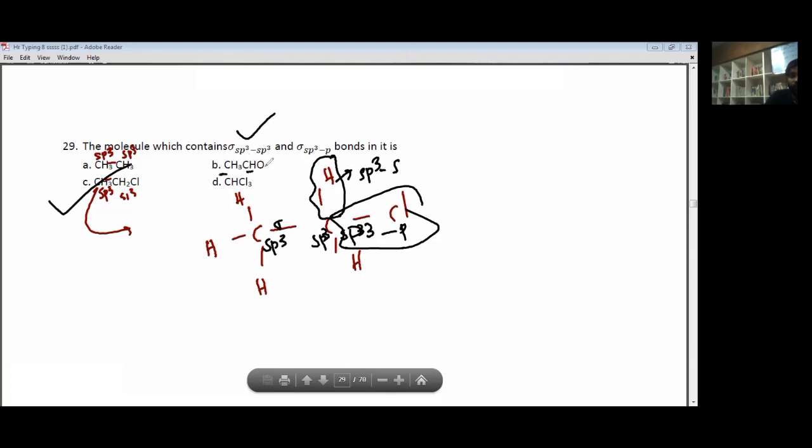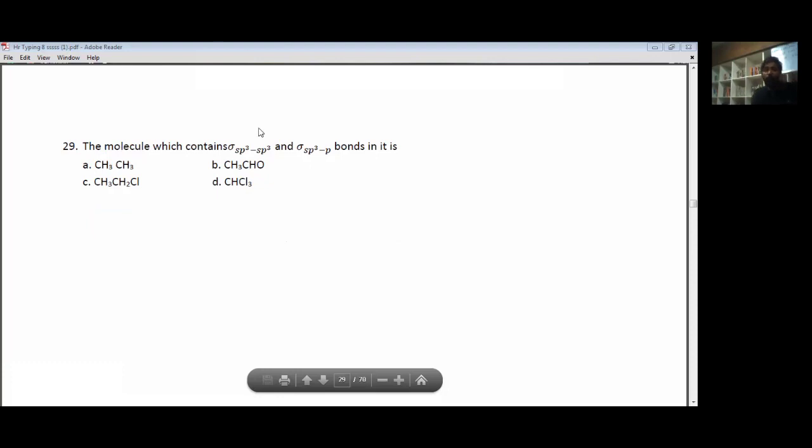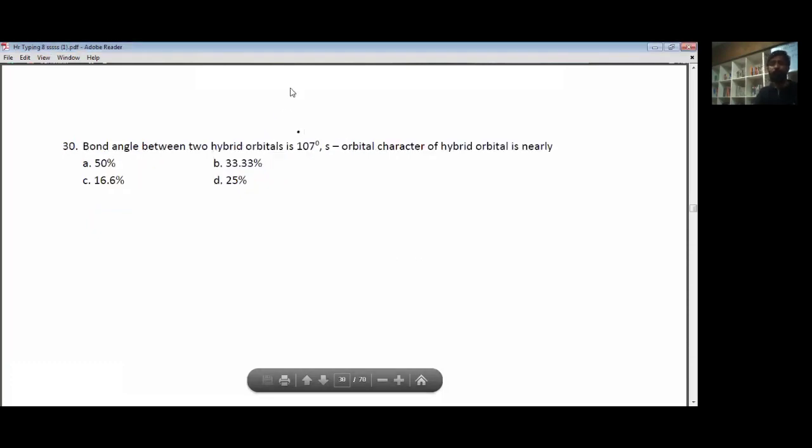Over here there are 2 carbons, but this carbon has sp2 hybridization since the carbonyl group carbons are sp2 hybridized. I think you know how to find the hybridization of organic compounds.